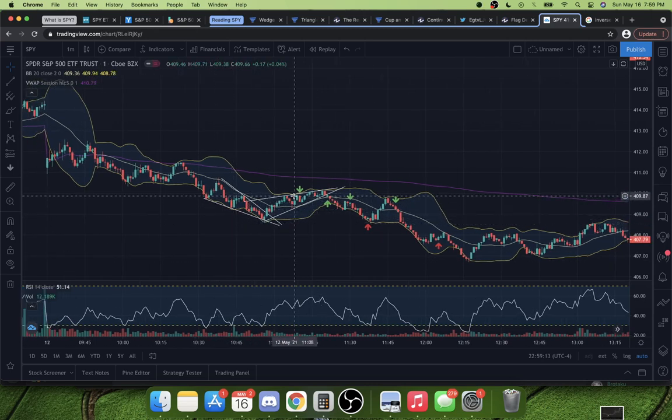There are two different patterns that you're looking at here: a falling wedge and a rising wedge. We're ignoring the falling wedge here. A play from here would have been calls going to the long side.